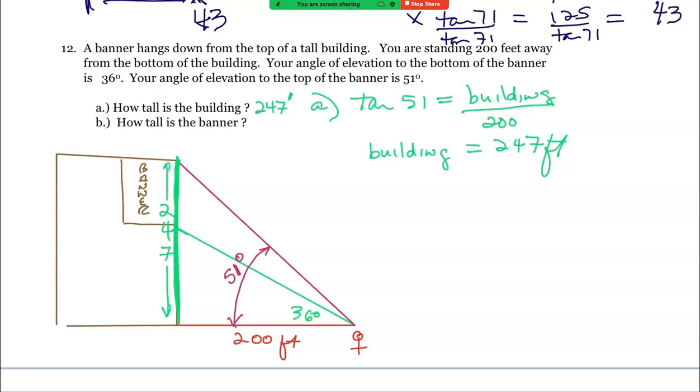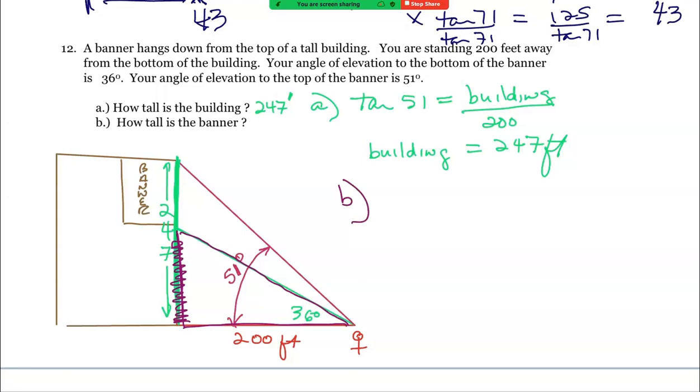Okay, we have another triangle. Where is that triangle? That's this one in here. I can figure out how far it is from the bottom of the building to the bottom of the banner. So I want to figure out this red line right here. I'm going to use the angle of 36. It's still going to be a tan.